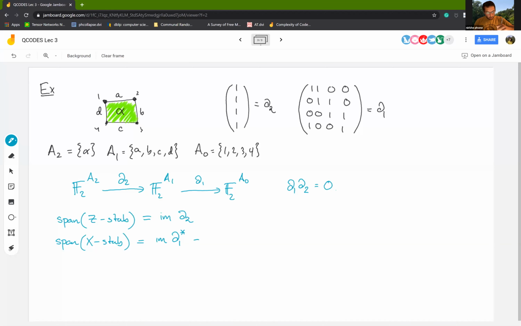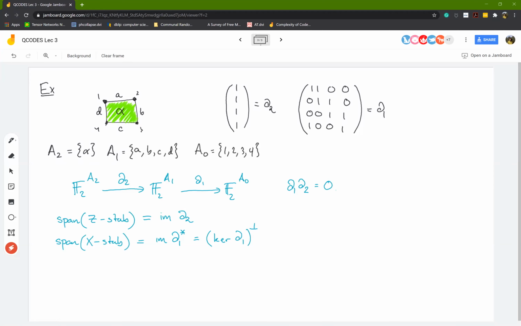And one thing to note is that this is actually equal to the kernel of delta 1 transpose perpendicular, meaning everything perpendicular to that. This is a linear algebra fact, but I can show why it's true if anyone's curious or doesn't see it.